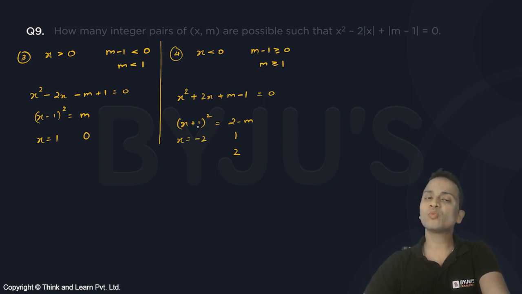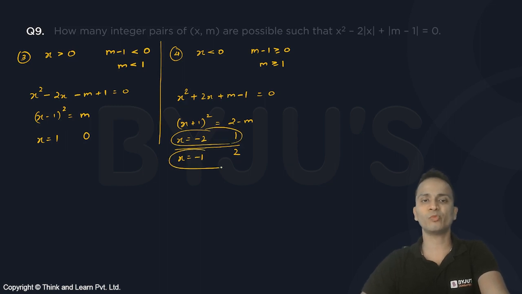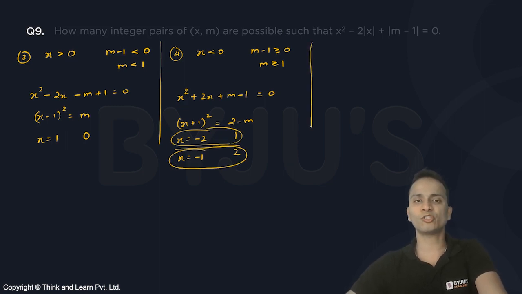Minus 2 plus 1 will be minus 1, and minus 1 whole square will be 1. So x equal to minus 2 will satisfy, and x equal to minus 1 will work when m is equal to 2. So these are another two solutions. Up till now we have a total of 6 solutions.